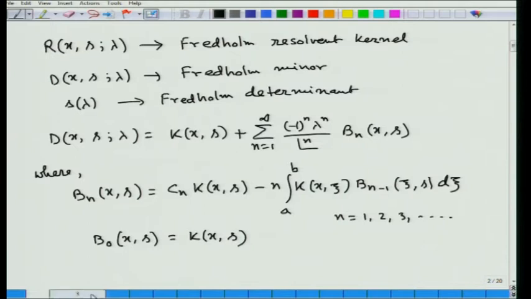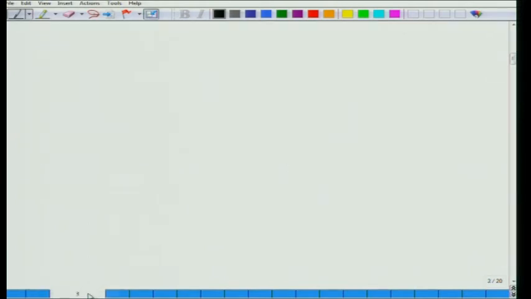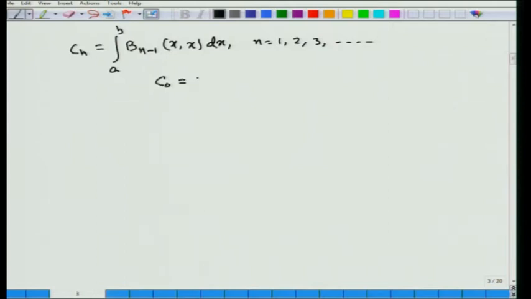These quantities C_n are defined by C_n equal to integral a to b B_(n-1)(x, x) dx, where n ranges from 1, 2, 3 and so on, and in particular C_0 is defined as exactly equal to 1.